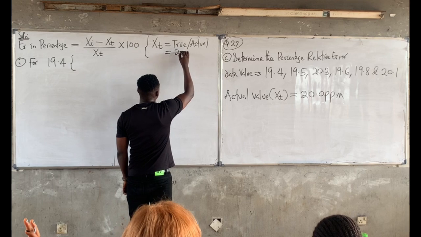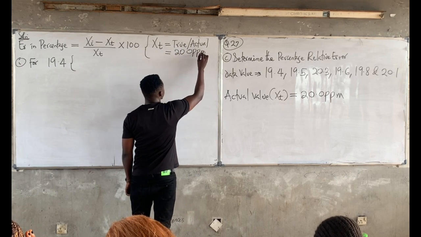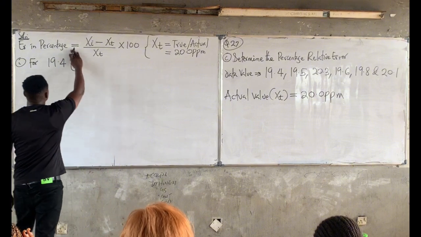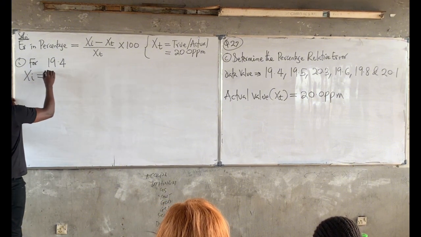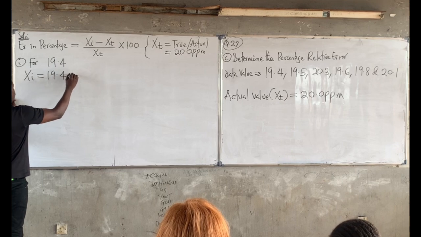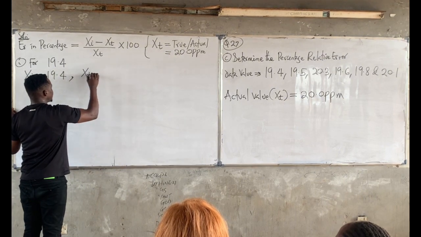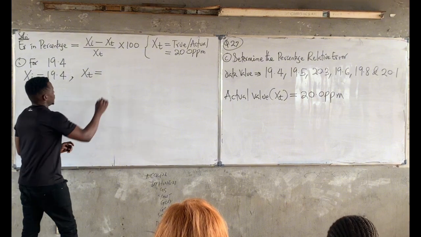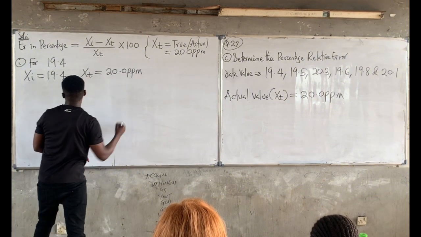The true or actual value is 20.0 ppm. So for the first one, our xi is going to be 19.4 and our xt is going to be 20.0 ppm.